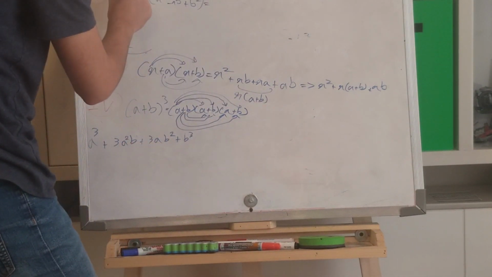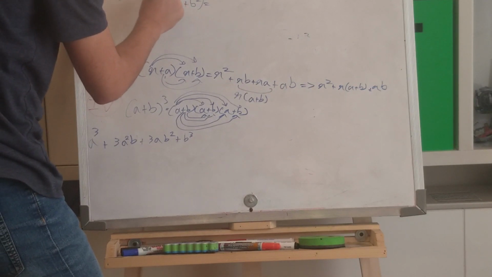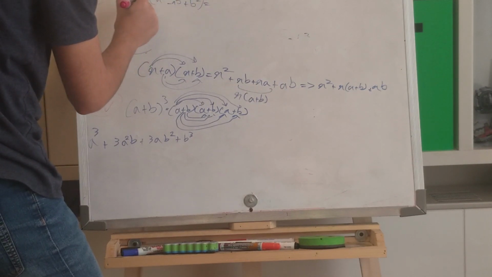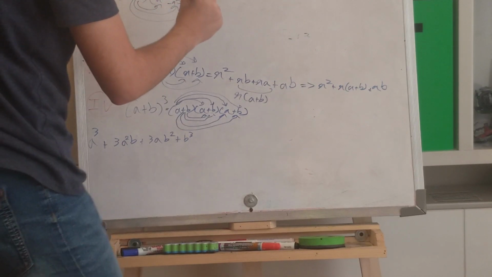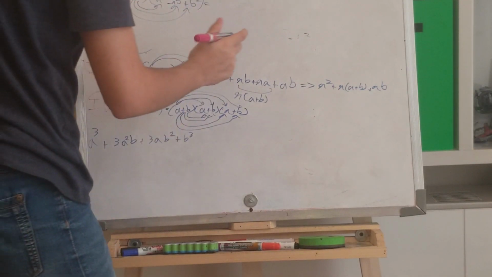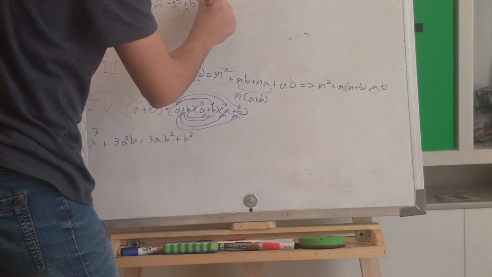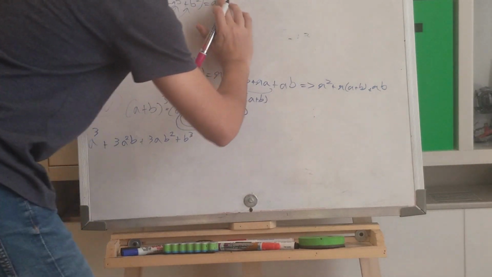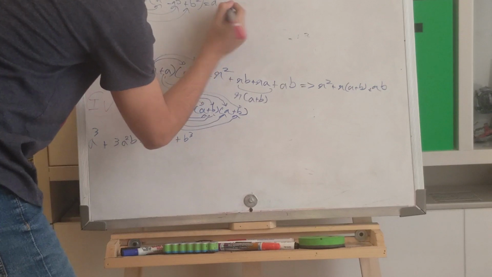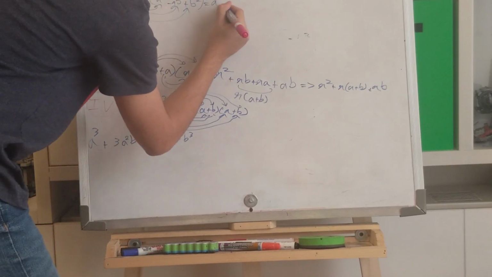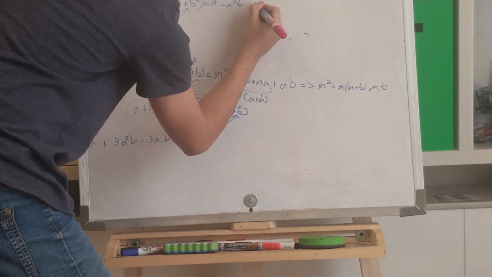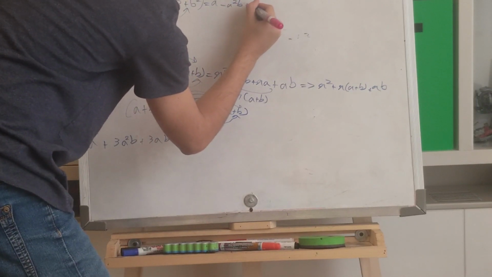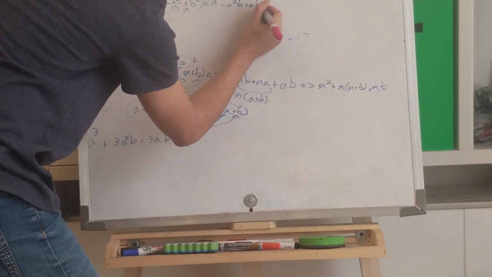Okay, so that's simple. Now here's how it works. a cubed, and then you get negative a squared b, and then plus ab squared.